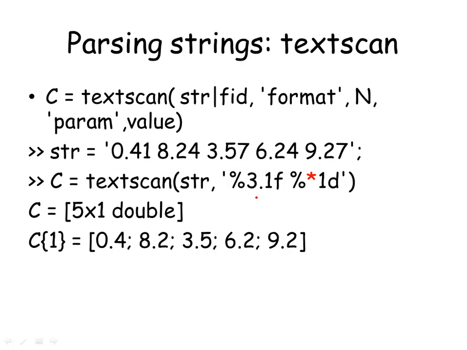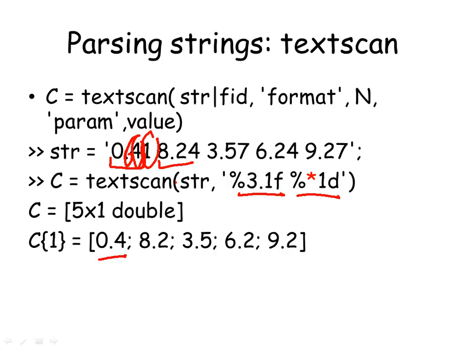and map it on top of your original string. So %3.1f, I will only look at 3 characters and only 1 digit after the decimal point, so that will be 0.4. And then I will ignore a single digit. I will ignore the number 1.